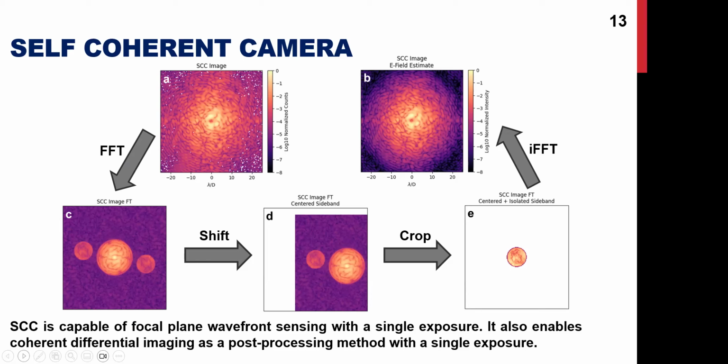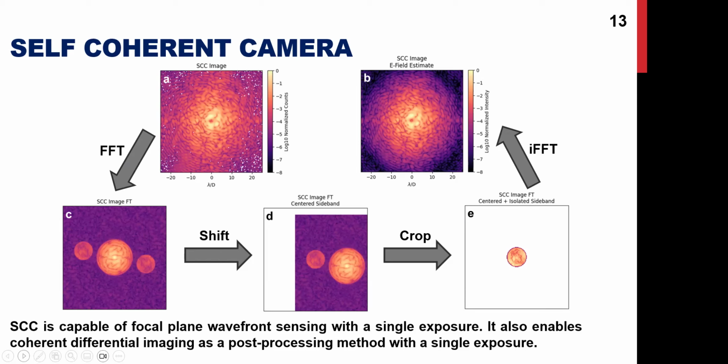And these sidebands contain all the information from the speckles. So what you can do is shift it to the center, crop everything else away, inverse Fourier transform, and holy moly, we've estimated our speckles. That's basically it there.